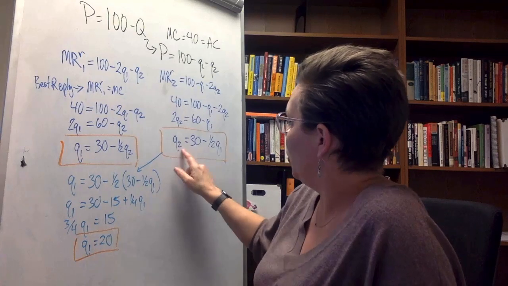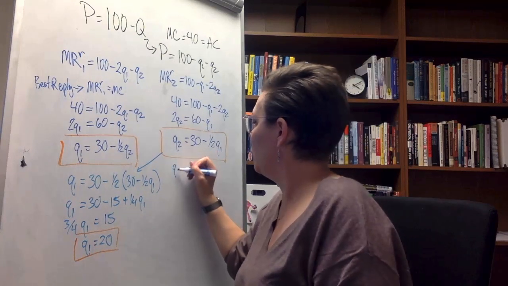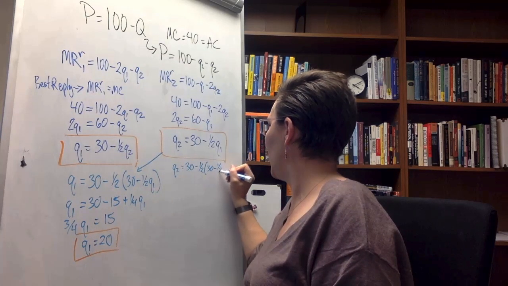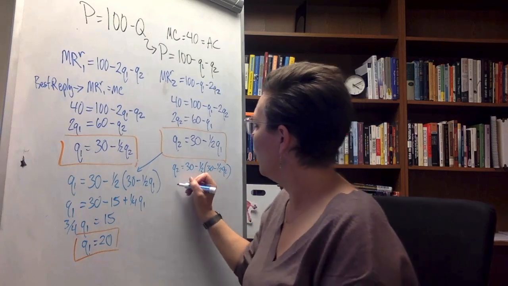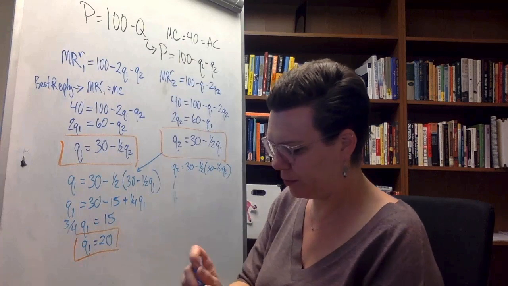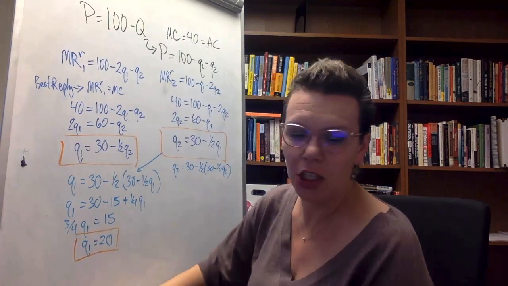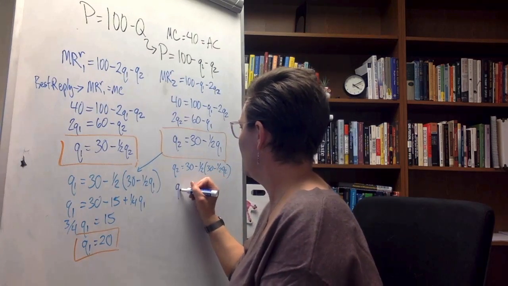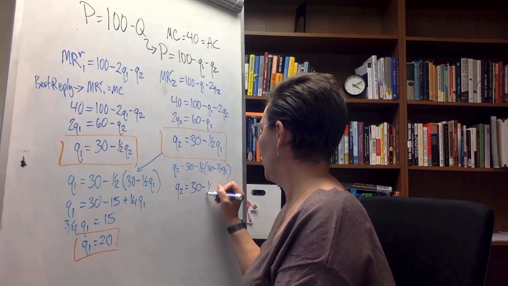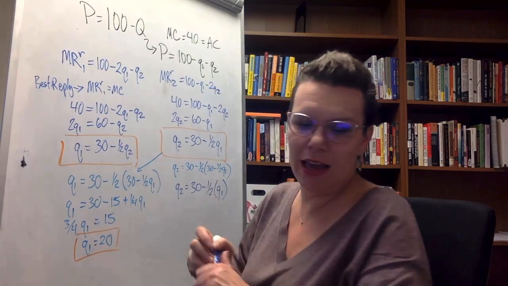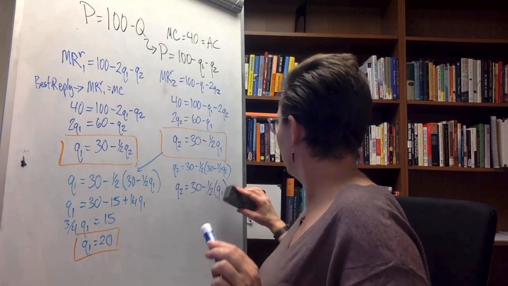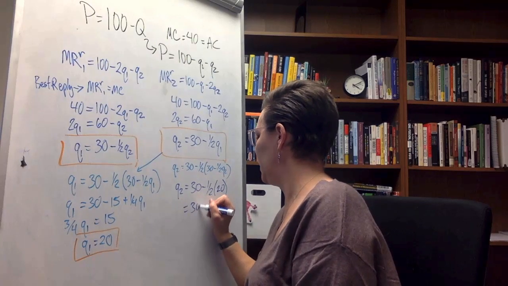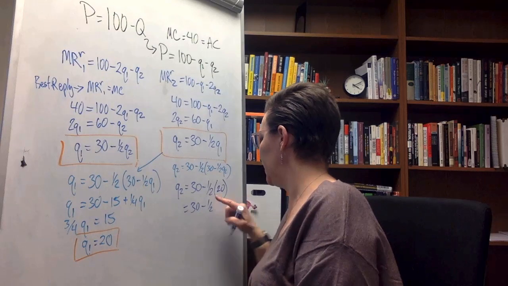We can do the same thing for Q2, where we take this best reply function and insert Q1 into it. You'll get the same answer either way. So if I take Q2 equals 30 minus 1/2 Q1 and then replace Q1 with 20, what do I get? 30 minus 1/2 of 20 is 10.